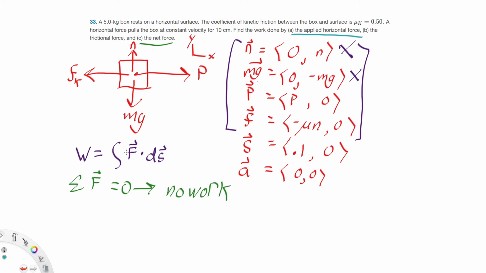So instead of representing work with an integral, we actually have a simplified version. Force doesn't depend on s, so we can factor force out of the integral, and then the integral of ds is just s. So if we have a constant force, then the work done is just F dot S.